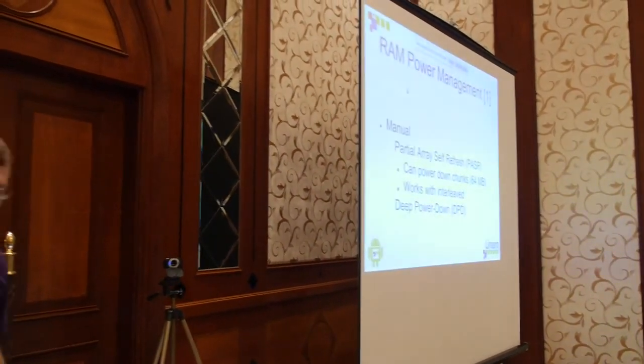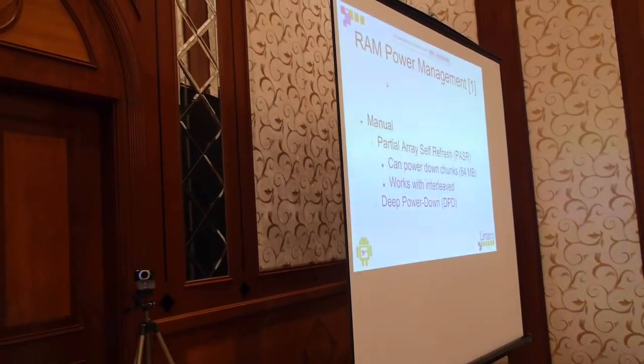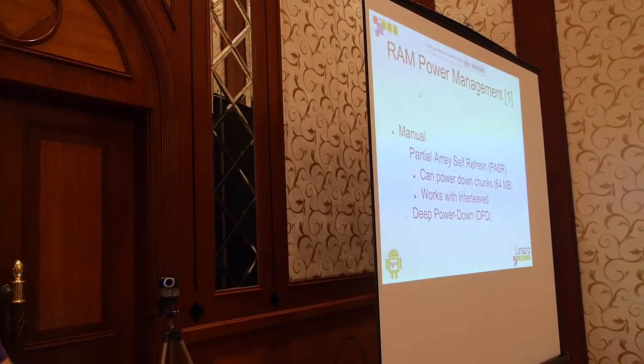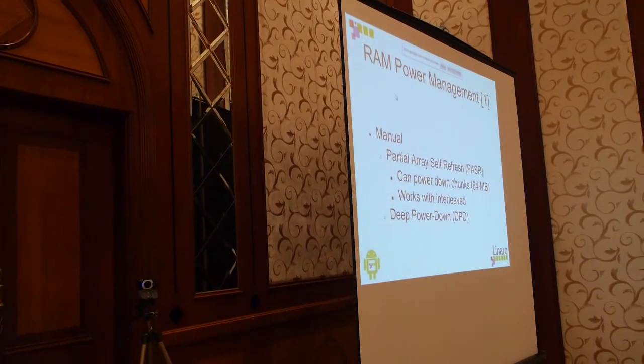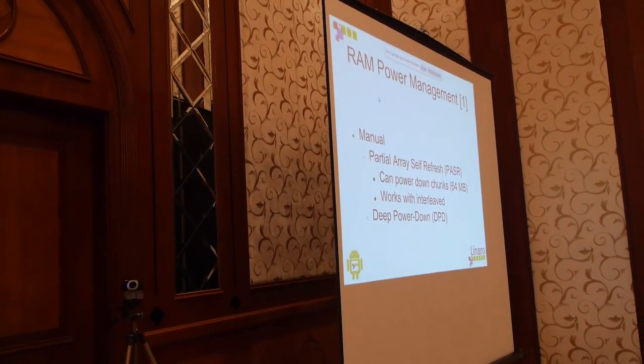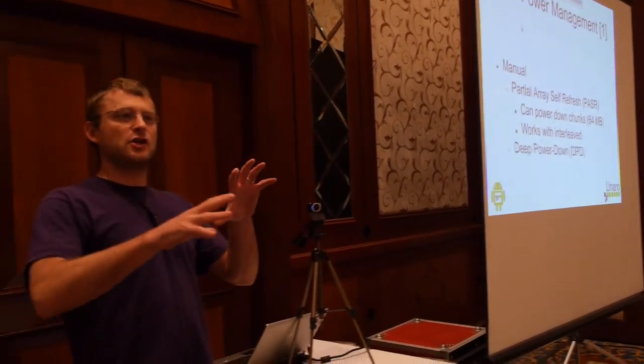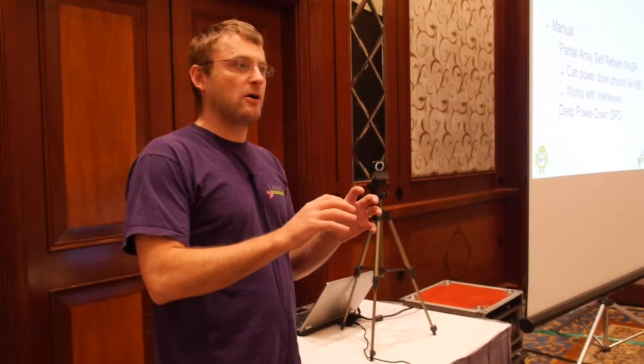The guys, and by guys I mean guys and gals, also put on a feature called partial array self-refresh and deep power down. What this can do is, given your DRAM configuration, I can actually power down part of the RAM.